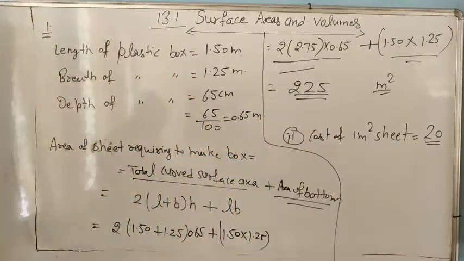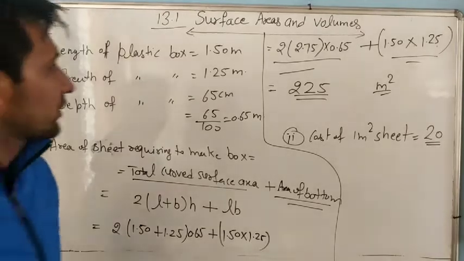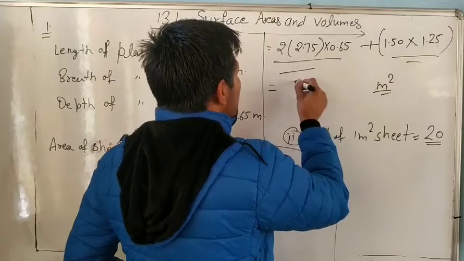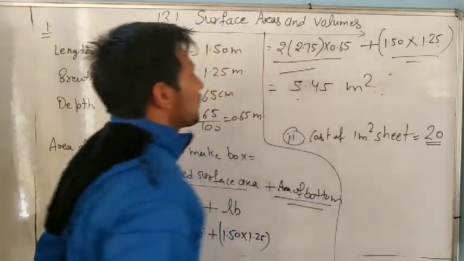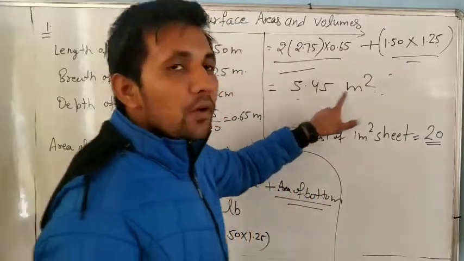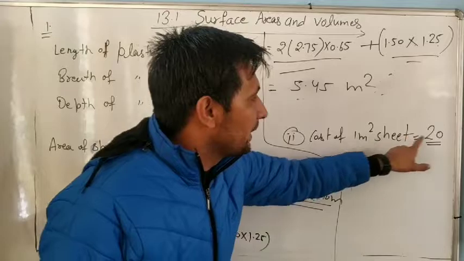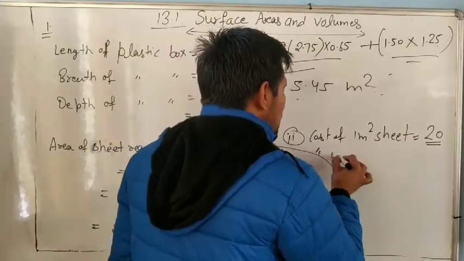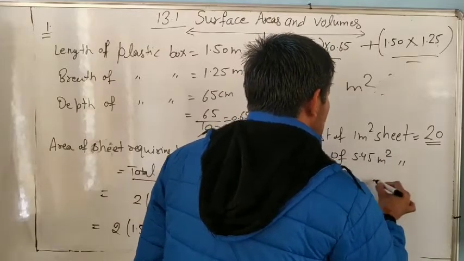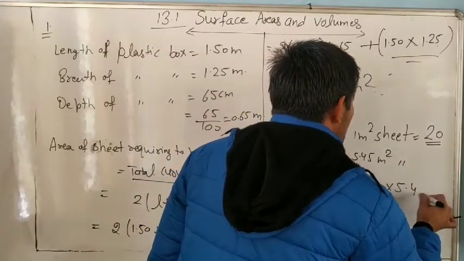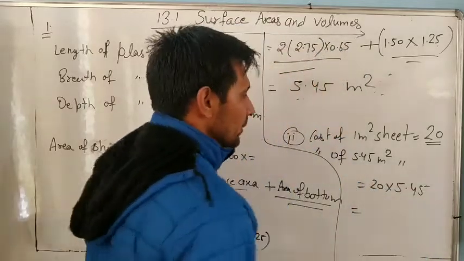Suppose area comes 5.45 meter square. Cost of 1 meter square is 20 and cost of 5.45 meter square sheet, how much? 20 multiply 5.45.